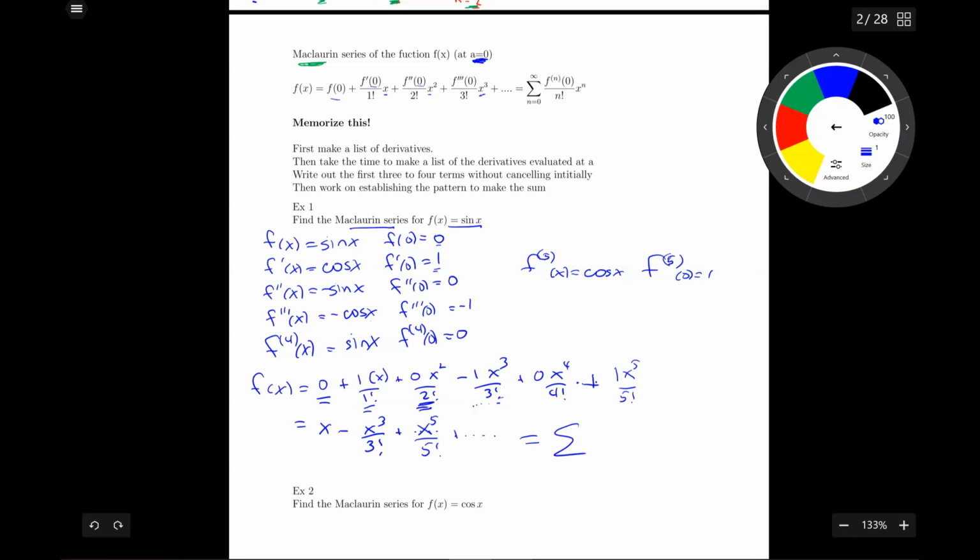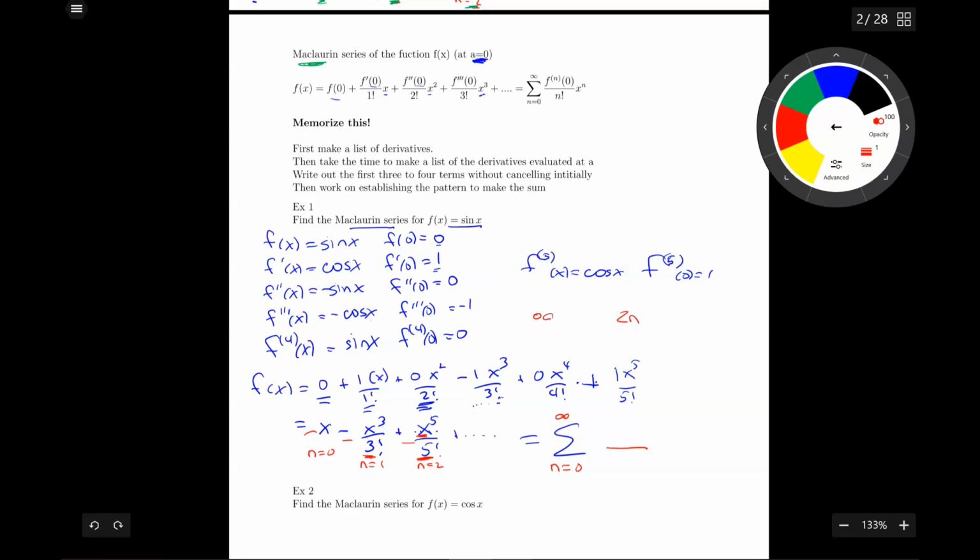Okay, let's see. So again, when I plug in 0, when I plug in 1, when I plug in 2, I want to generate these terms. Okay, so I see 3 things going on. I've got the factorial in the denominator, the x to the power, and then I've got these changing signs again. So let's start with the easy thing in the denominator.